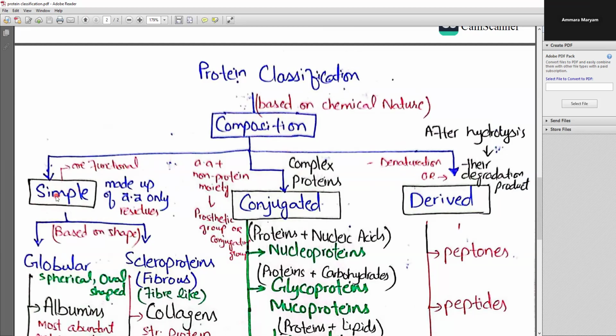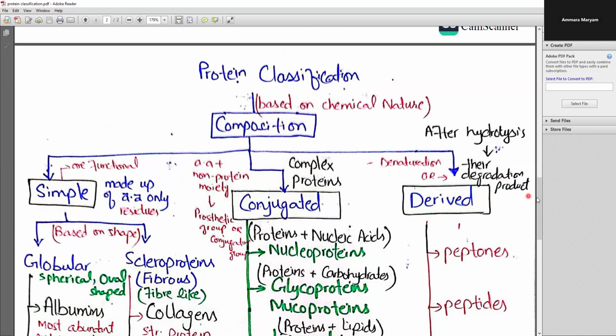The first is simple proteins, the second is conjugated proteins, and the third is derived proteins. So under this system of classification, proteins are divided into three subgroups, based on their chemical nature.